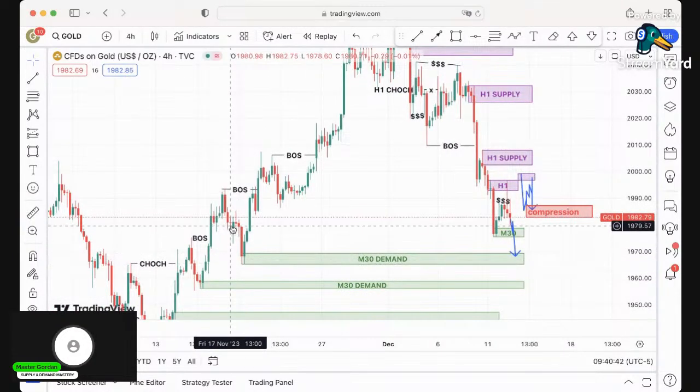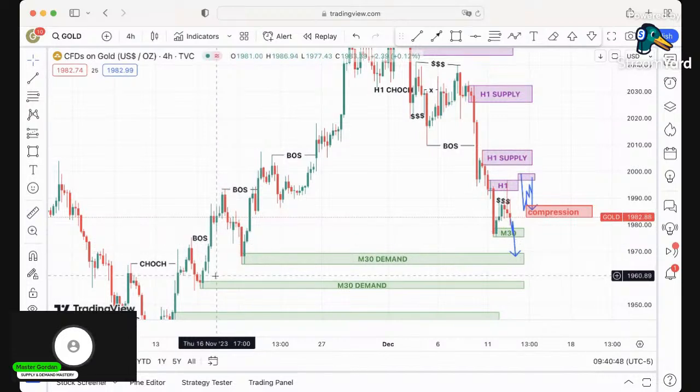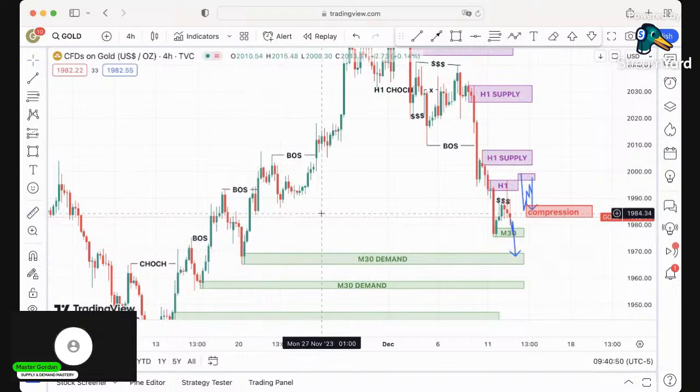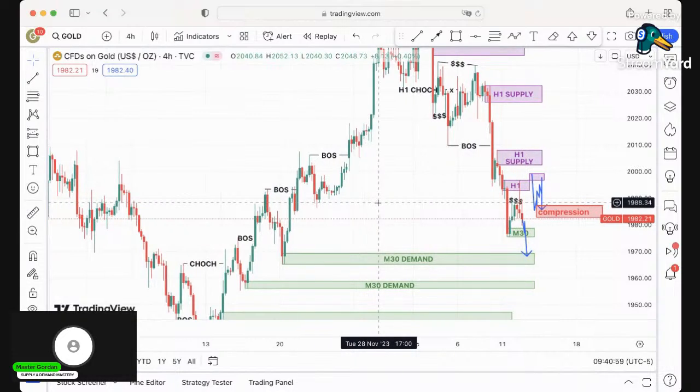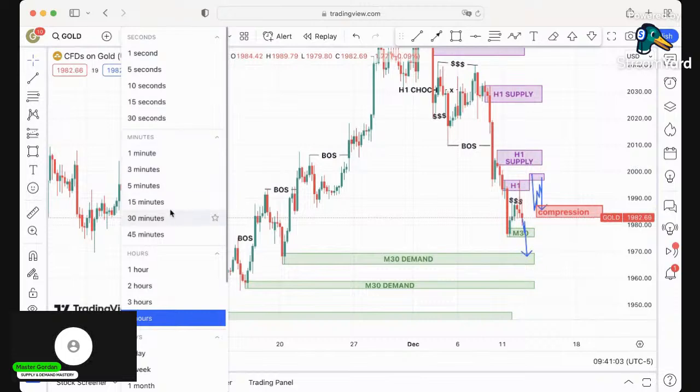The zone in H4 or daily probably will cost you 80 to 100 pips sometimes. So you have to consider where your entry is, because the zone is too big. When the zone is too big, that means you have to take more risk.